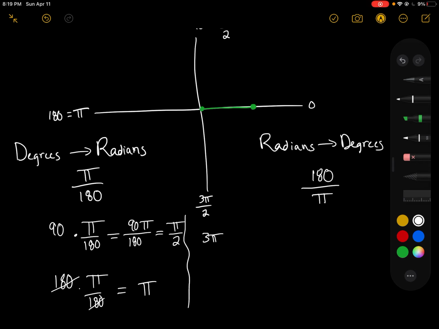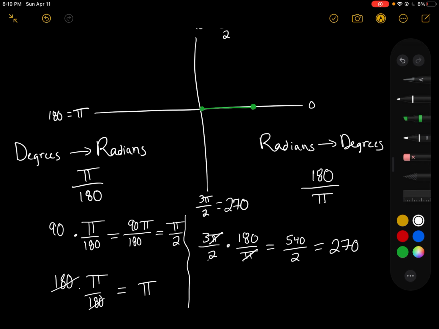We can try it the other way around here. So we start off with 3 pi over 2 as our radian measure for this. And we can try to convert that to degrees. So 180 over pi in this case. Well, the 2 pi's simplify to 1. And then we can do it the other way around. It might be a little bit easier.